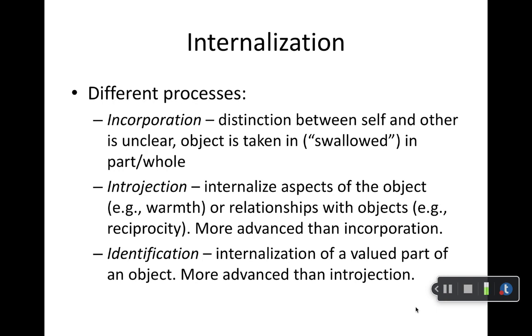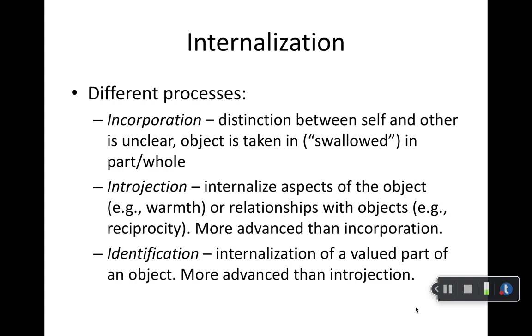And in introjection, often we are aware of the difference between ourselves and someone else. And we're looking at that object as a complex creature, and we can identify various aspects of the object, like warmth, kindness, reciprocity, irritability. So these are more fine-tuned aspects of objects than incorporation.